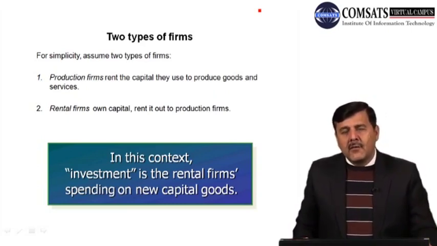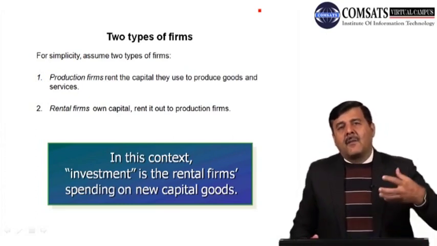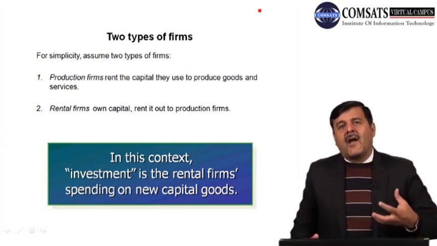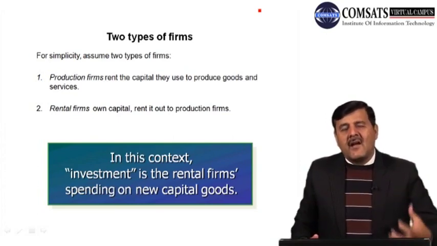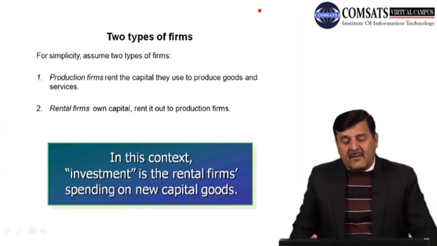Now, which firms are rental firms? These are the firms that have capital and equipment, and they rent out that capital to the production firms, which use it in the production process.